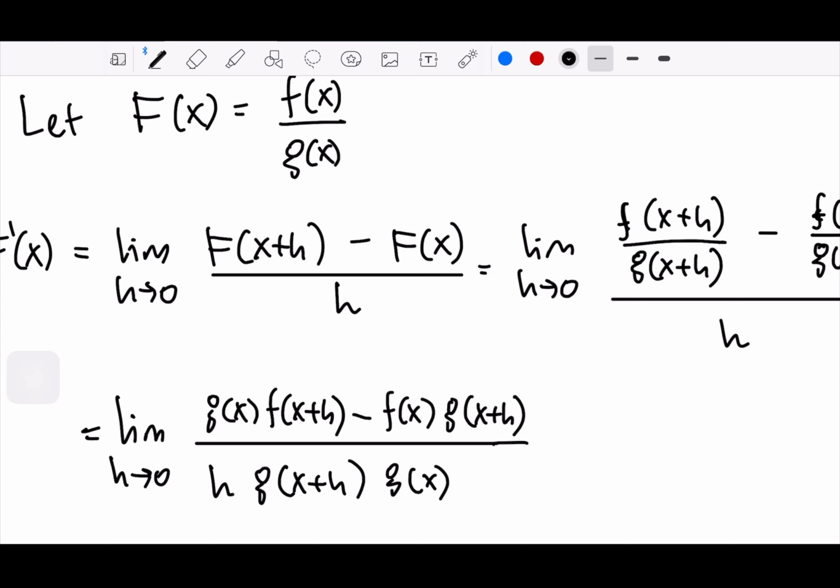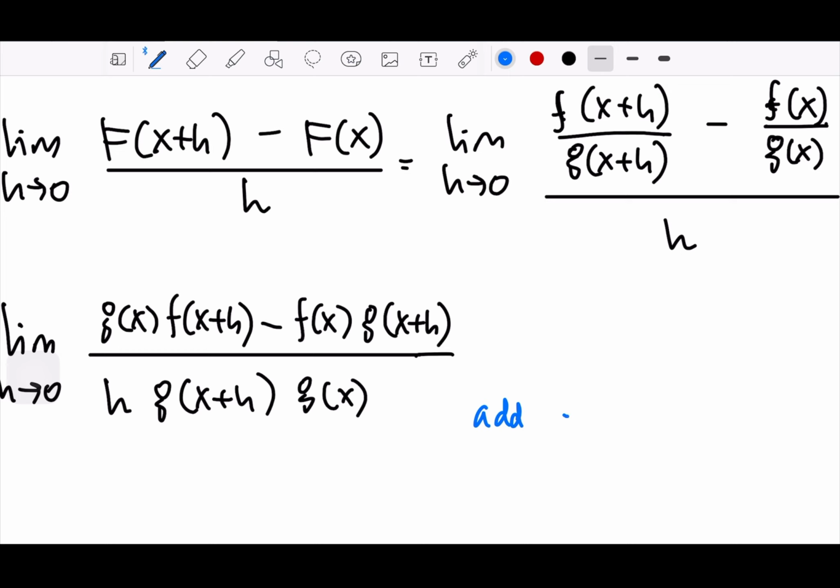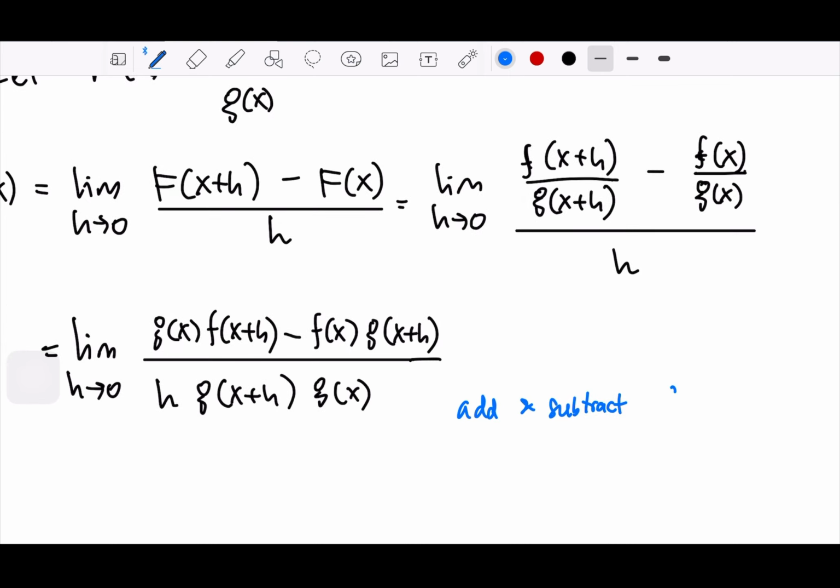So the idea to solve this is we need to add and subtract these terms. If we add and subtract those terms, and then we look at this h divided by h, that will be our definition of the derivative, right?